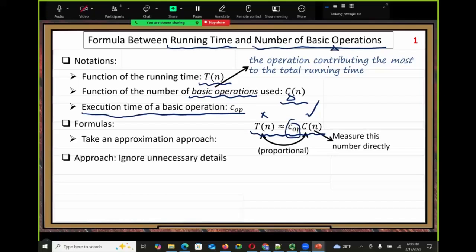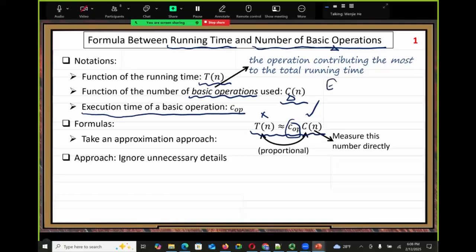Next, when we study this, remember our goal. When we do this work, we need to clearly understand our goal. What are we doing here?